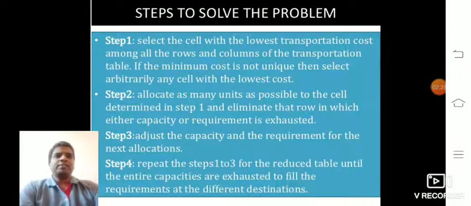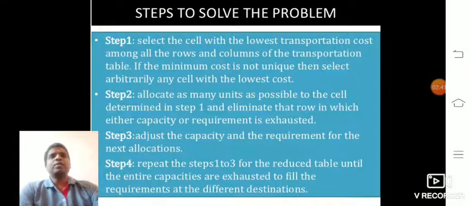In the matrix, first you need to find which one is the lowest cost, and you start the allocation process with that cell. That is the first step. The rest of the steps 2, 3, 4 remain the same as in the northwest corner rule.